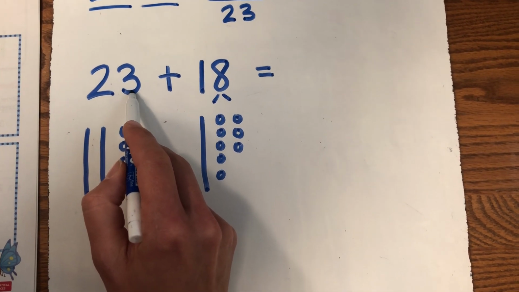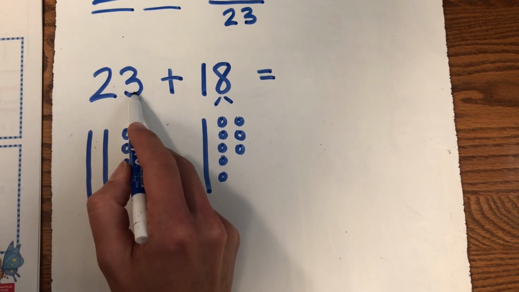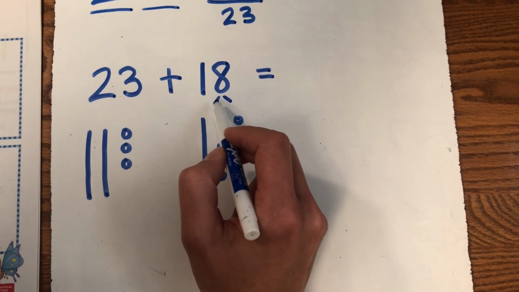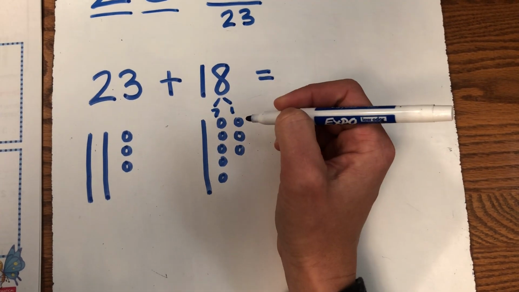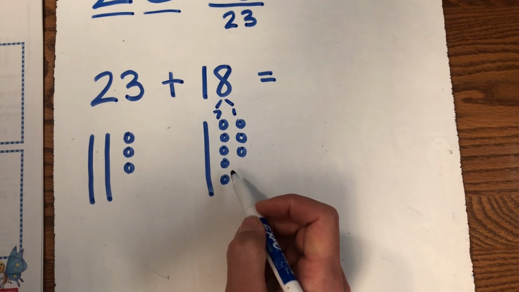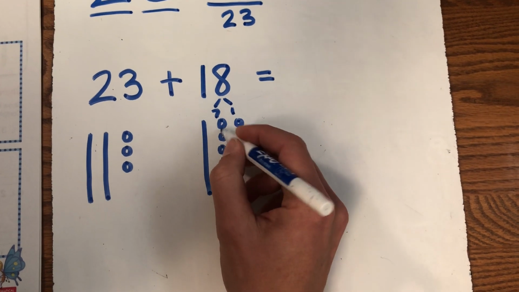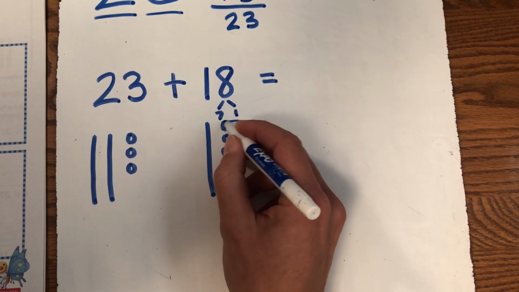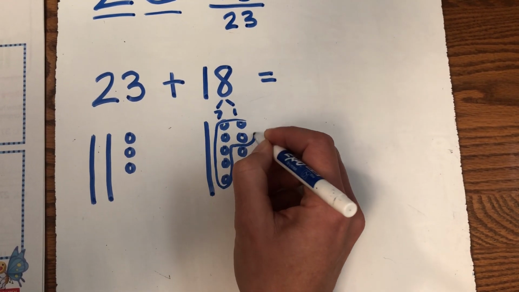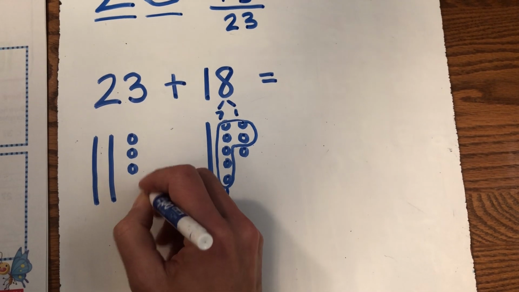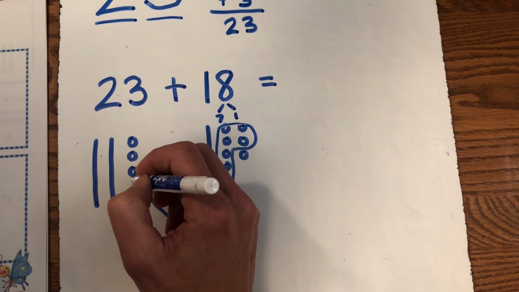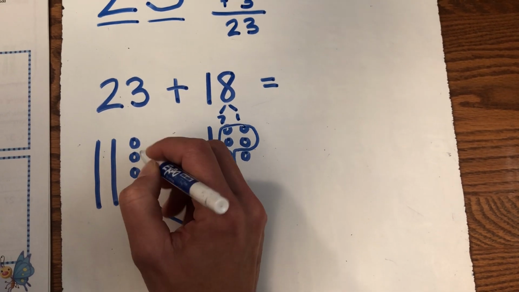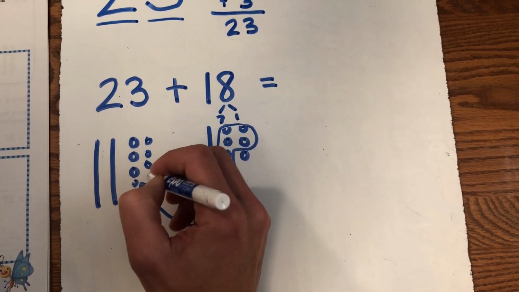I know 3 plus 7 makes 10, so I want to break apart this 8 in a way that's going to give me a 7. Maybe a 7 and a 1? All right, let's go ahead and borrow 5, 6, 7. So I'm going to take these, and I'm going to bring them over there, and that'll make that 10, won't it? 1, 2, 3, 4, 5, 6, 7.